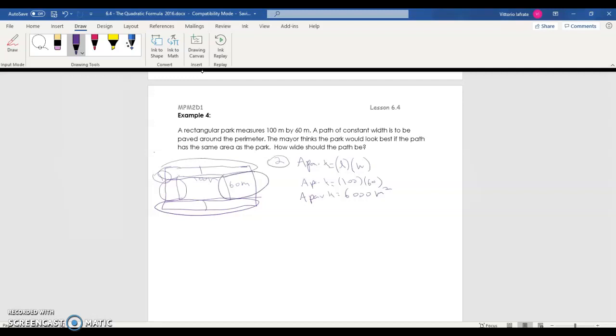How do we find all that? Well, first of all, we can find the length of this pavement part by knowing this is 100. This missing part here has to be x, and so does this, because it's the same width all the way throughout.